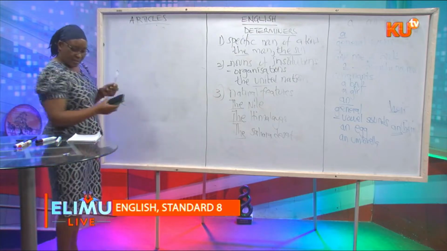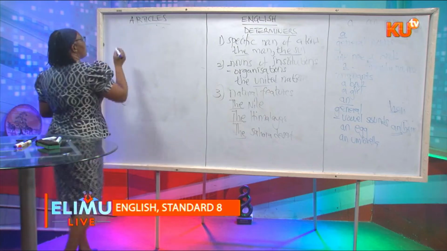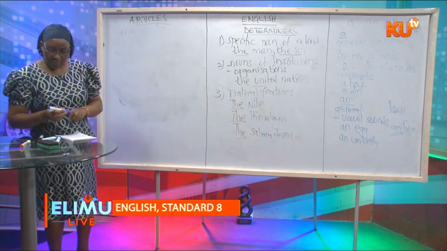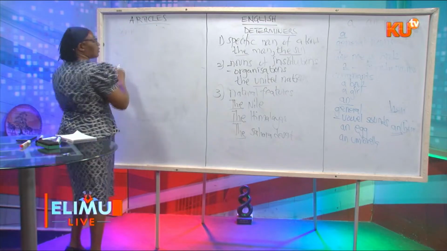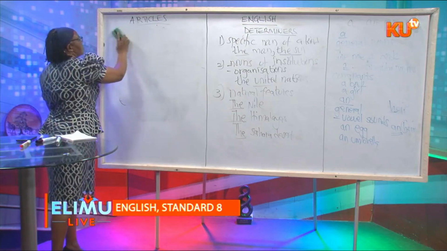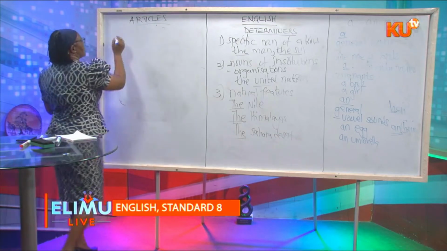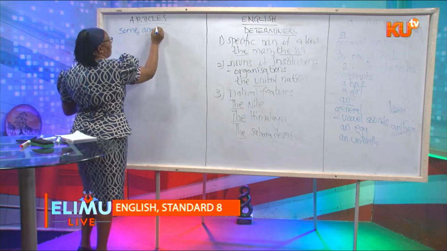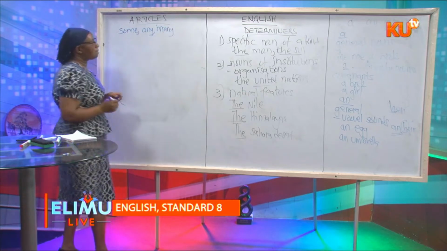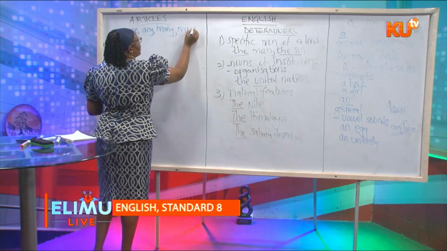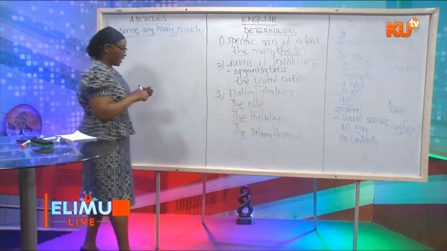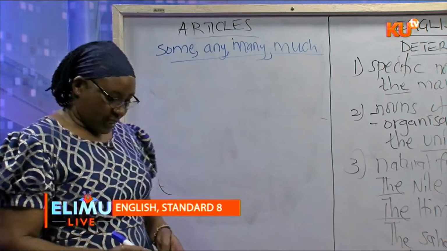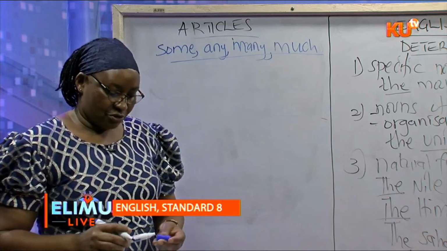The other determiners that we'll talk about are the determiner some, and the determiner any, determiner many, and much. These are determiners which are sometimes confused and we interchange their uses, but let's look at how they are used in sentences.